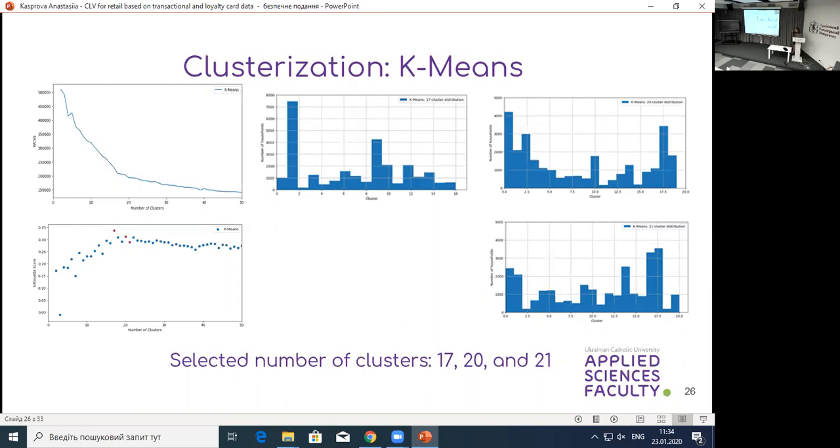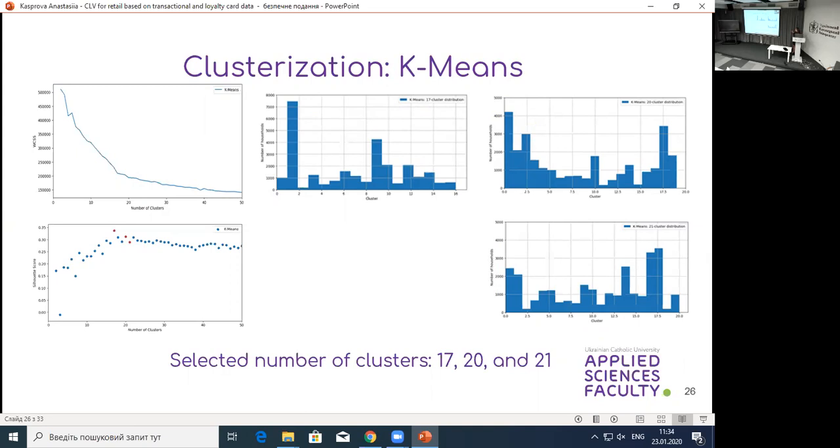So while we have this spot of the elbow, we should decide how many clusters we have. And then simultaneously you can use other metrics, for instance, the silhouette score. And if you check, it's not a single point. It's some area somewhere there, but it's not a single point.